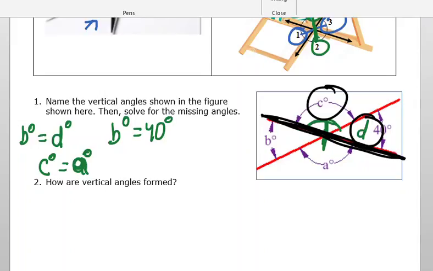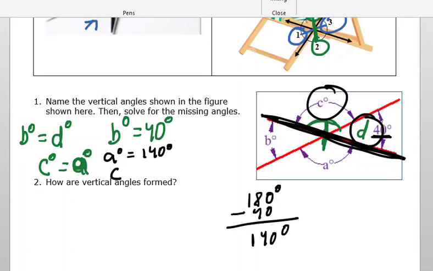So if angle D is 40 degrees, then I know that angle C is 180 degrees minus 40 degrees, which gives me 140 degrees. So angle A and angle C are both 140 degrees. All right, and just like angle B and angle D are both 40 degrees. And if I were to add all of these angles up together, I would get 360 degrees.